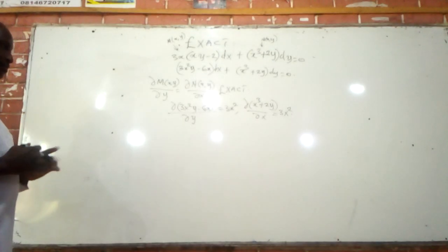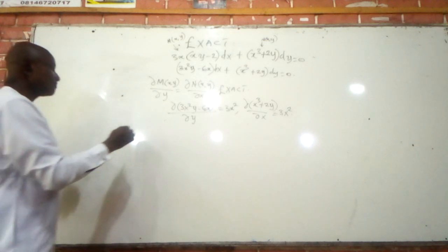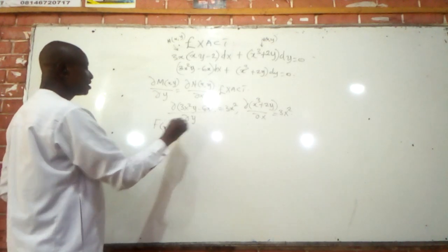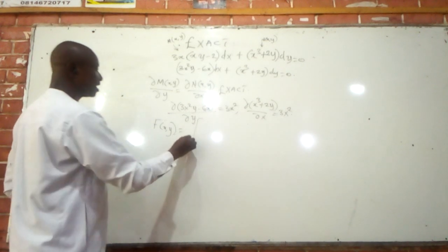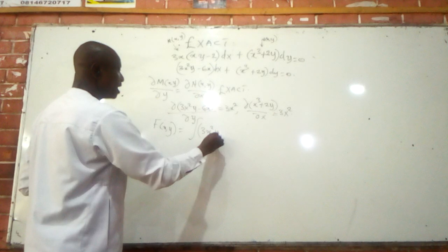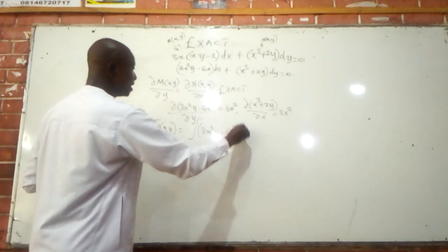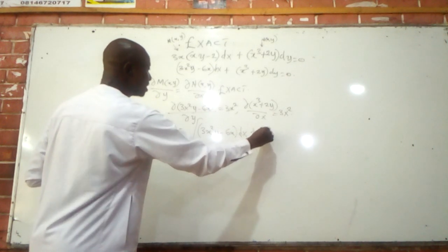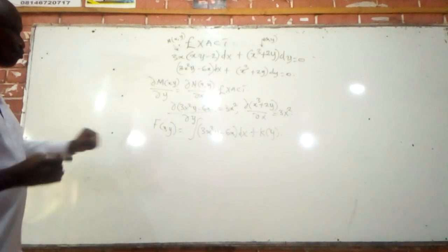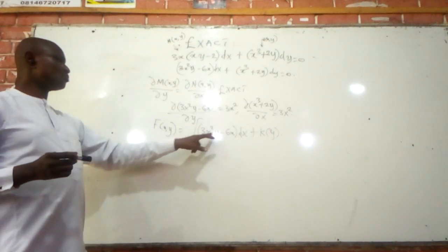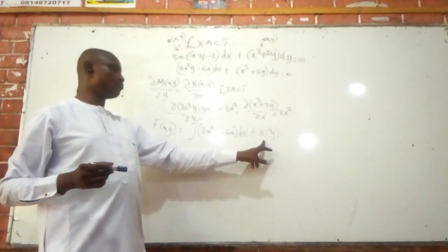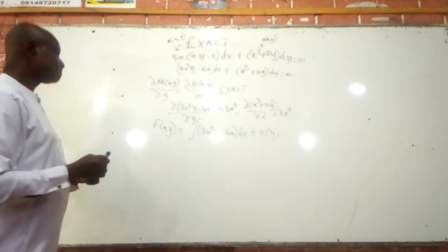first order equation. Once it is exact, we say f(x,y) is equal to the integral of the first expression, which is 3x²y − 6x dx, plus an arbitrary constant function of y, k(y).